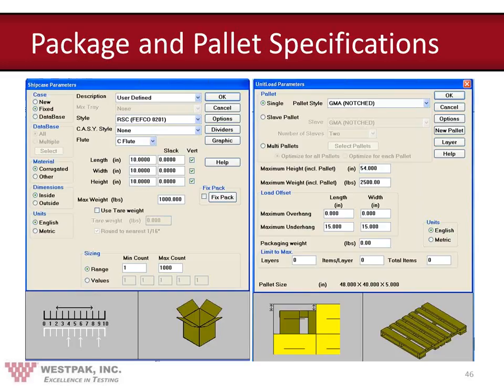They have a lot of nitty-gritty details that we're not going to go through today, but you can definitely define the length, width, and height of your package. You also specify other values, such as whether you want overhang or not, and the pallet size. All of that is pretty customizable.